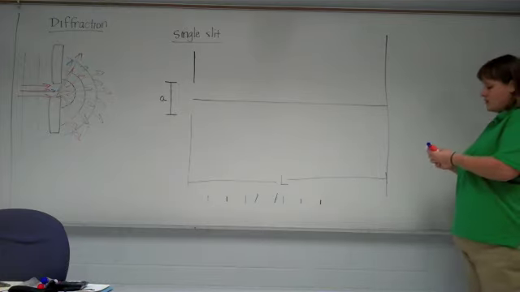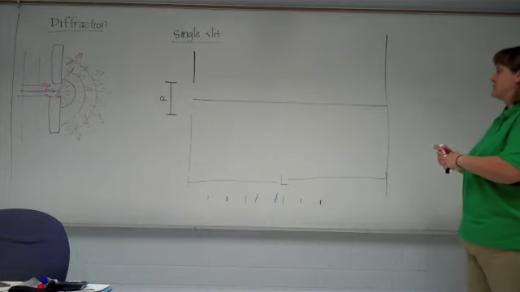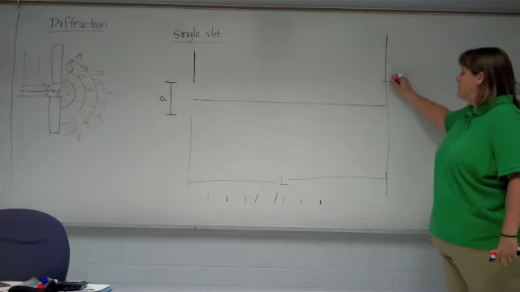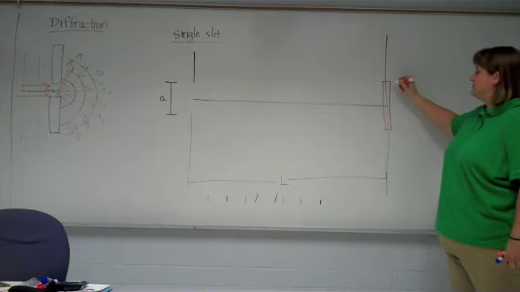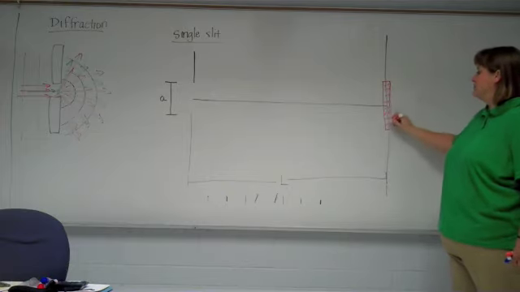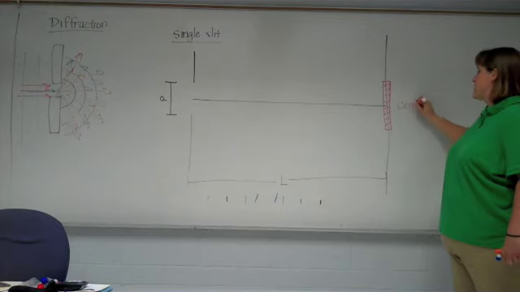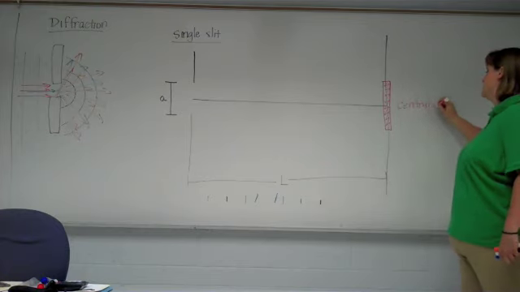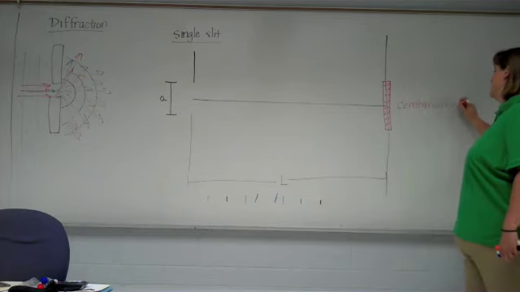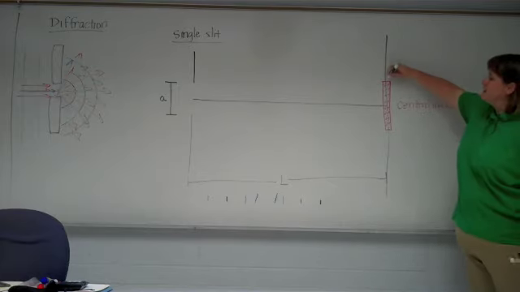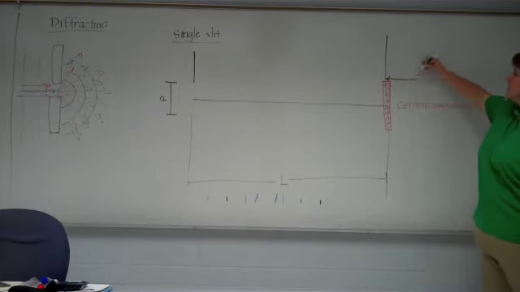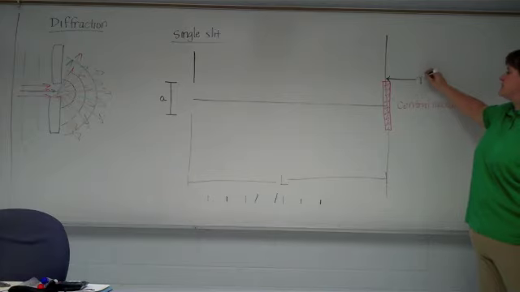Now we know that there's a central maximum, the wide, bright spot. This is called the central maximum. You can easily figure out how wide it is if you can locate the positions of the first dark spots, so the first minima.